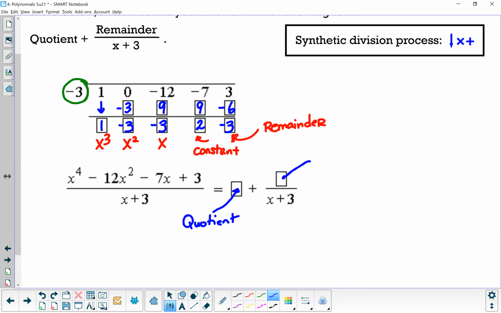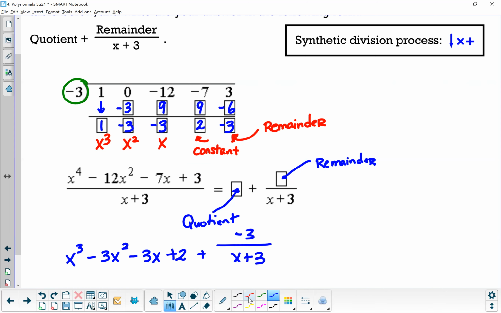And then in that box there, you put your remainder. So we have x cubed minus 3x squared minus 3x plus 2, and then plus we have negative 3 over x plus 3.